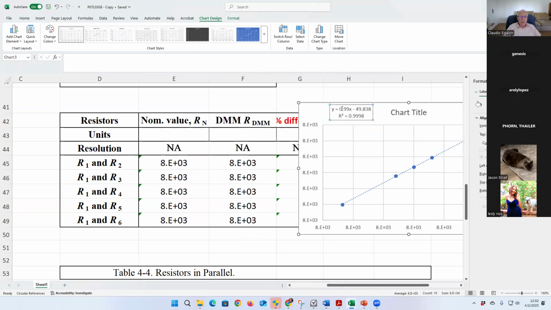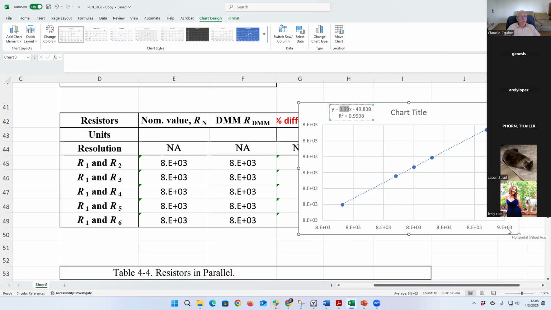Again, we have a slope that's very close to 1, which proves that our theory of combining resistance in series reflects real life. Don't forget, here is the measurement with the multimeter, and here is the summation between the two resistors of the resistance values using the color code.